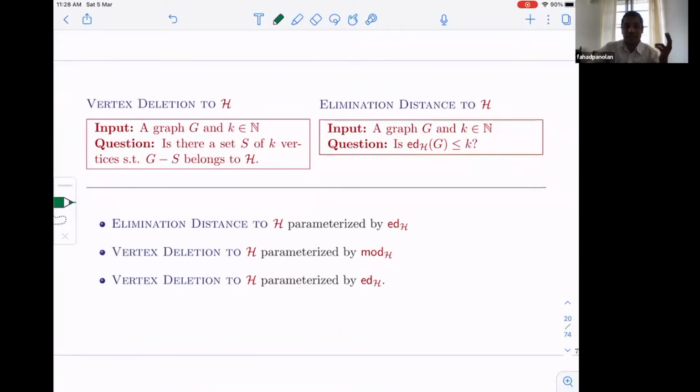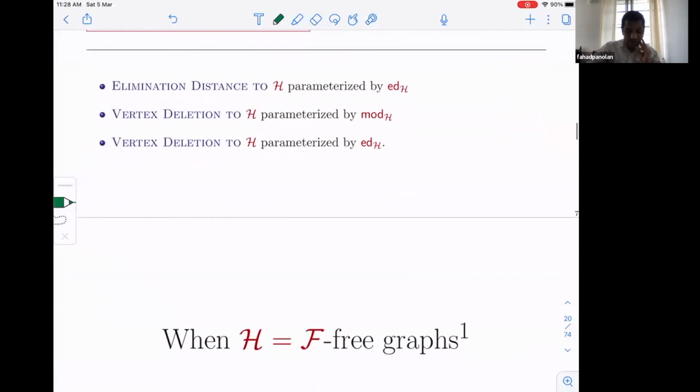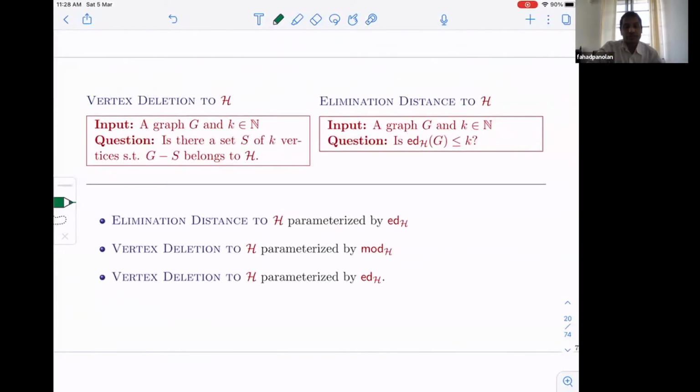And the third one is vertex deletion to H parameterized by the elimination distance, and this is analogous to vertex cover parameterized by tree depth. So these three questions are of interest. Now, when you substitute different graph families for H, you will get different problems, and this generalizes many problems.